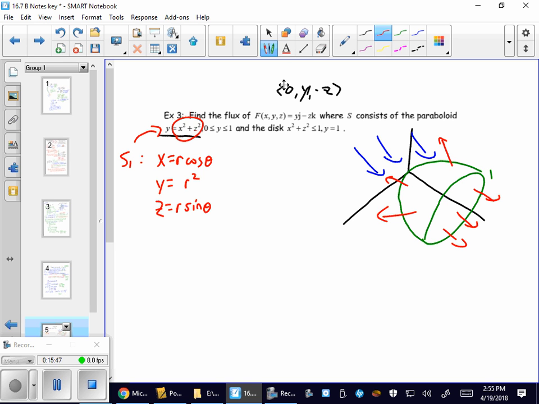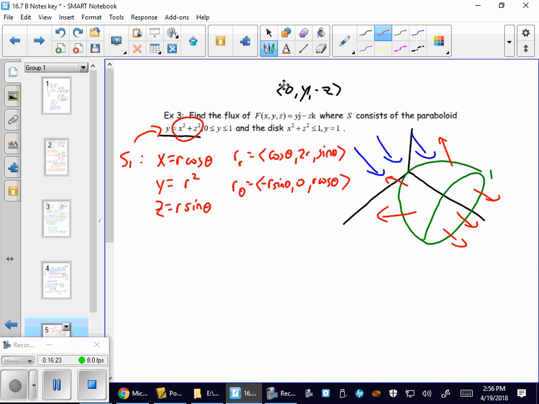Hopefully we've done that enough that that makes sense now. So we're going to need the partials, r sub r and r sub theta. r sub r is going to be cosine theta, 2r, sine theta. And with respect to theta, that's negative r sine theta, 0, and r cosine theta.